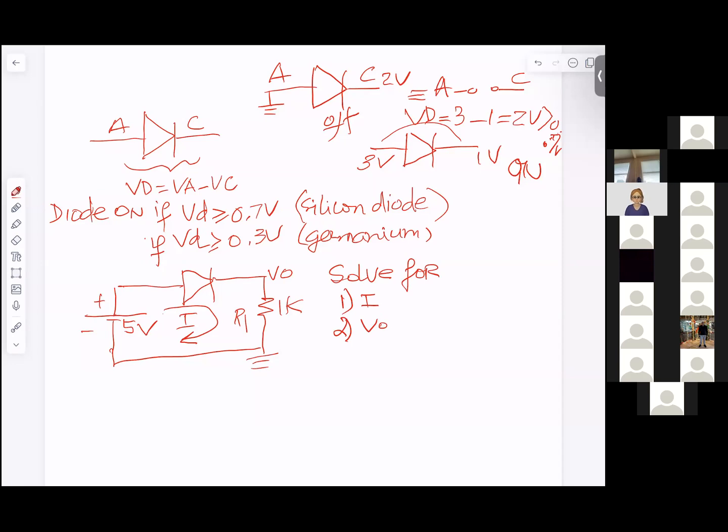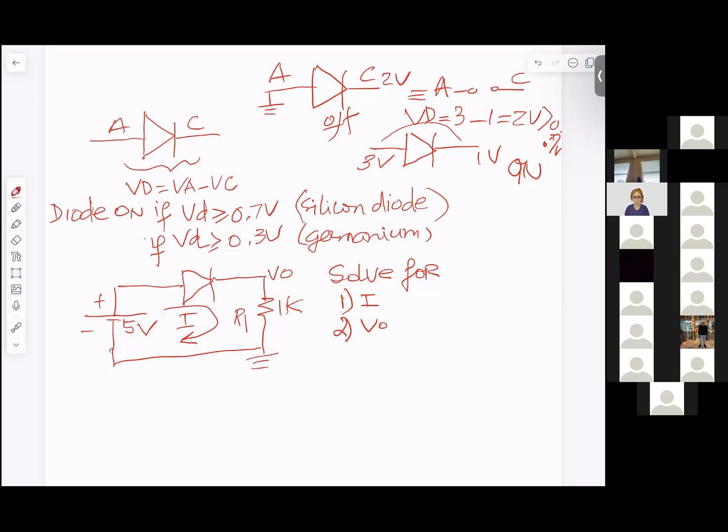When you work with a circuitry with a diode, you must know whether the diode is on or off. If you don't know, you cannot solve the problem.